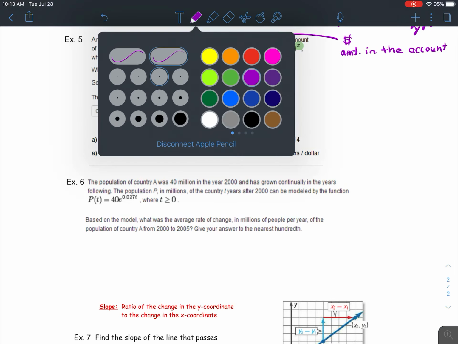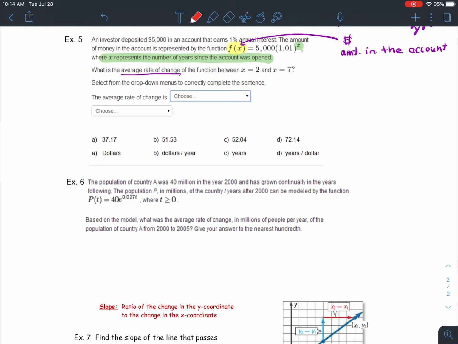So let's go ahead. I like to write these out as points. We've got 2 x values, so I'm going to plug the 2 and the 7 in, representing the number of years since the account was open. Now you'll notice they don't give us the y value. So in order to get the y value, we need to take these x values and plug them into this equation for the x.